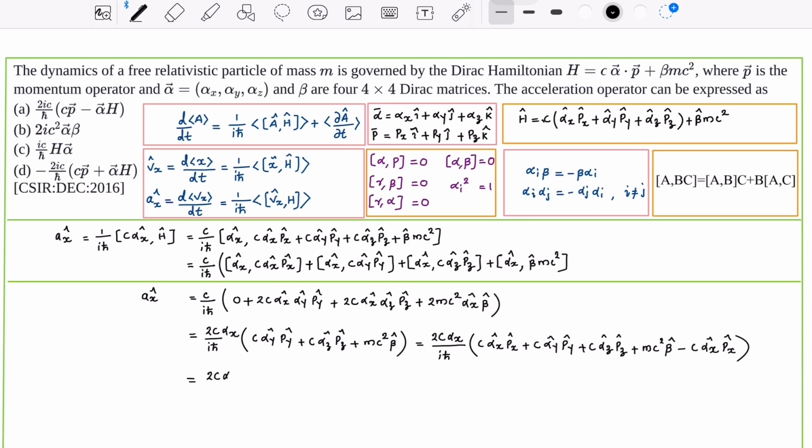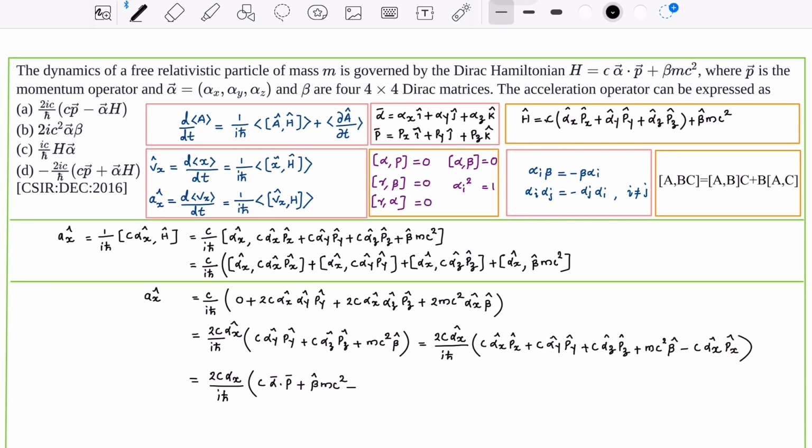Therefore, the acceleration operator becomes 2c alpha x by i h bar times, we can write it as, c alpha dot p plus beta mc square minus c alpha x px. Now what is c alpha dot p plus beta mc square? It is the Hamiltonian, which is given in the question.